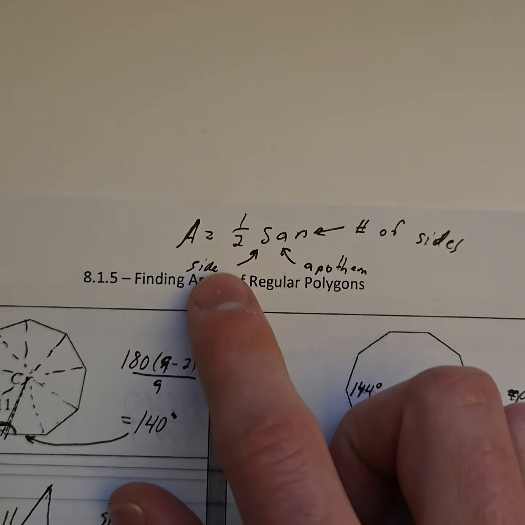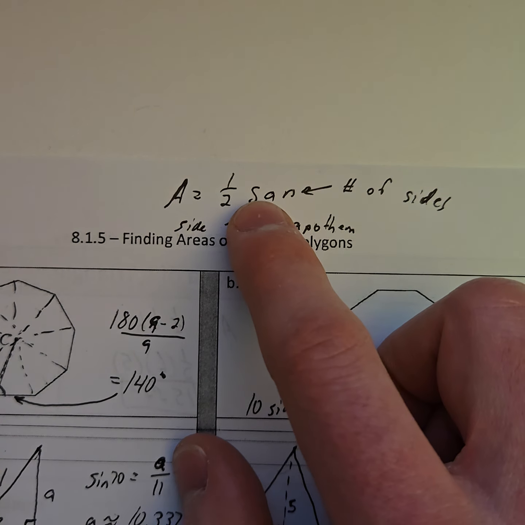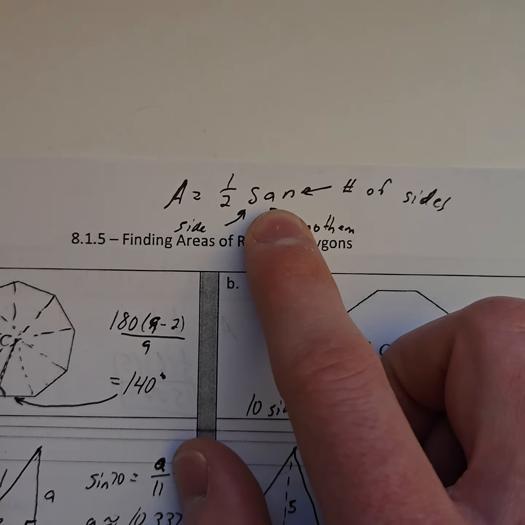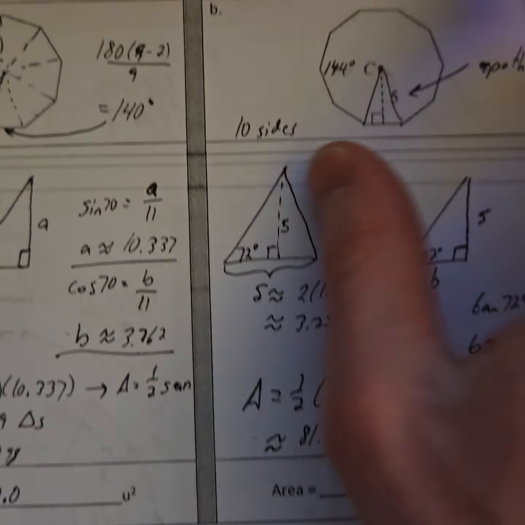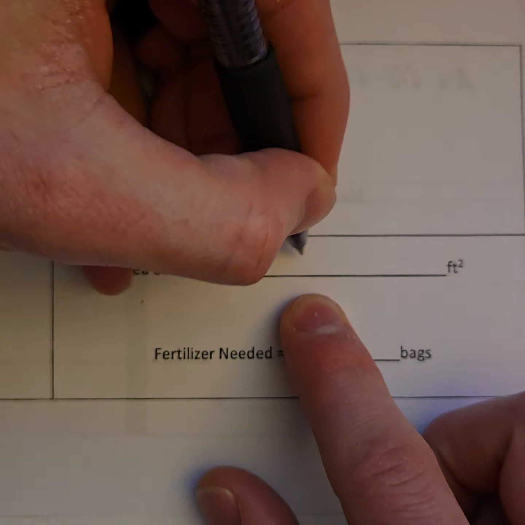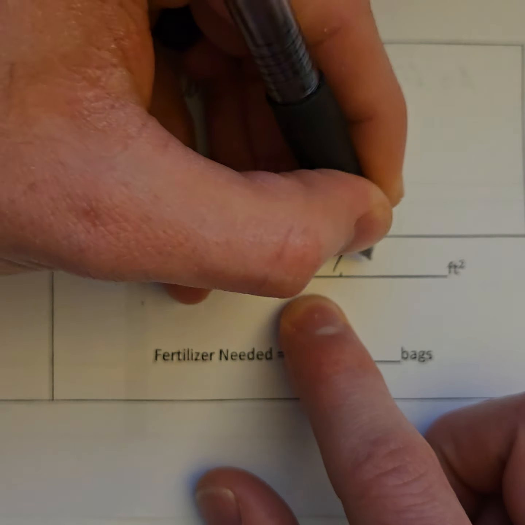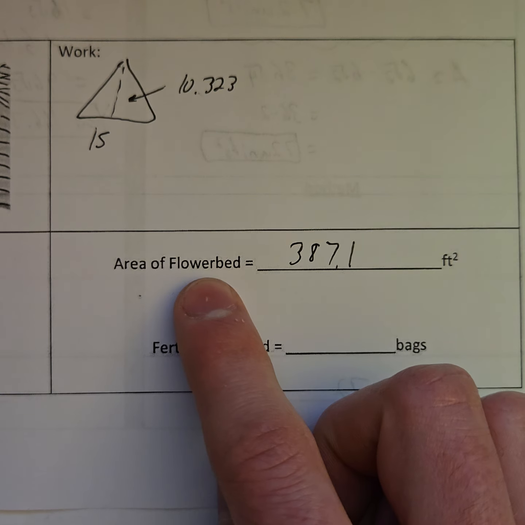So if you plug that into your formula here, you've got your side length was 15, your apothem was 10.323, and your number of sides was 5. If you plug that in all correctly, you should get around 387.1 square feet. So that's the area of the flower bed.